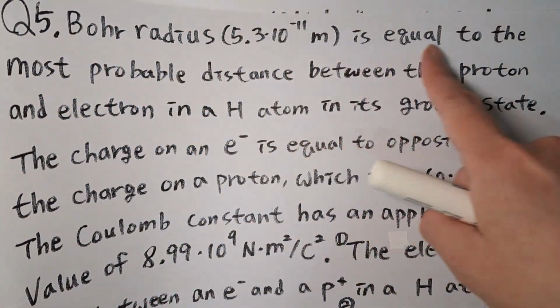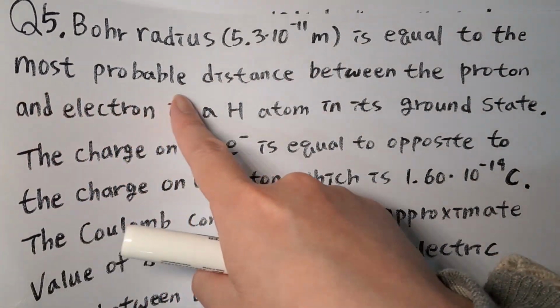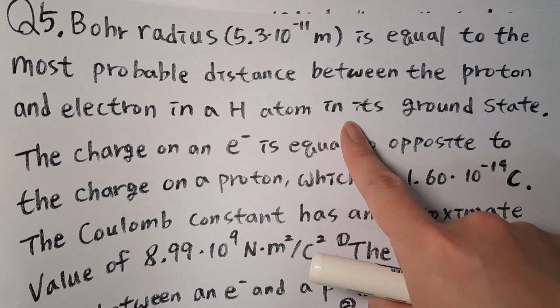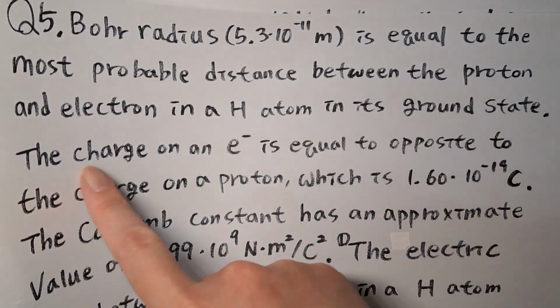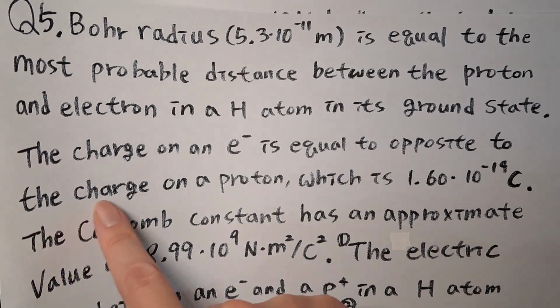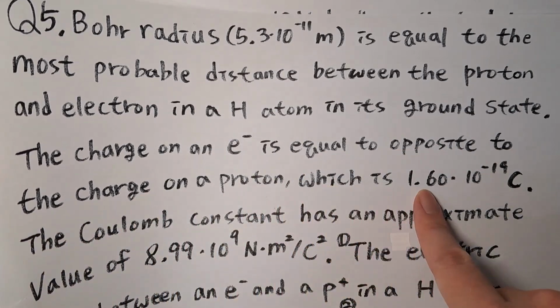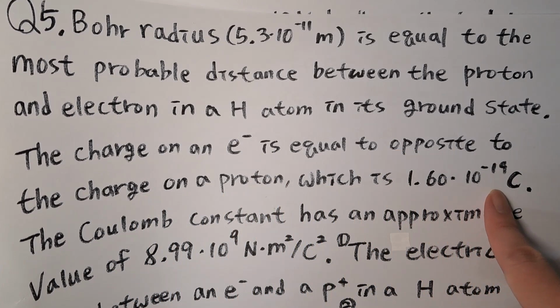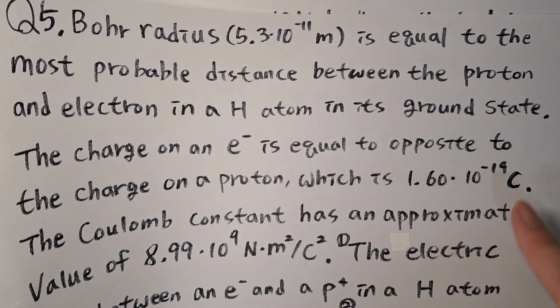Bohr radius is equal to the most probable distance between the proton and electron in a hydrogen atom in its ground state. The charge on an electron is opposite to the charge on a proton, which is 1.60 times 10 power minus 19 coulomb.